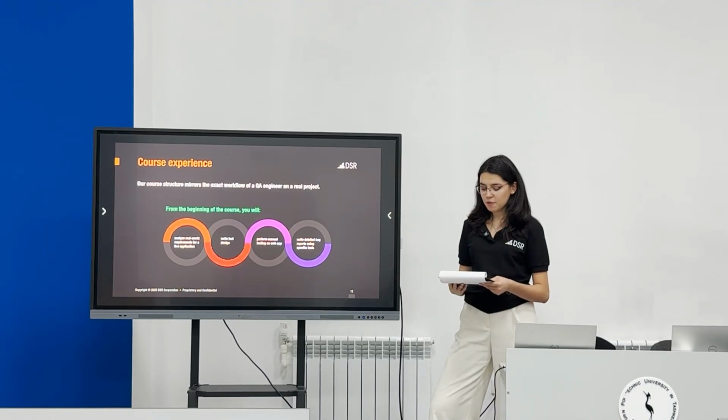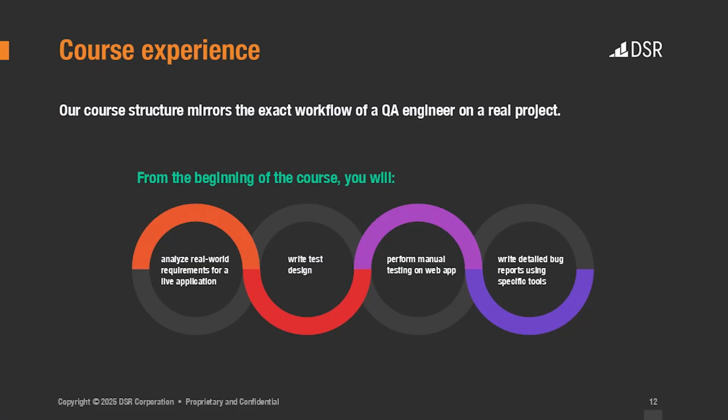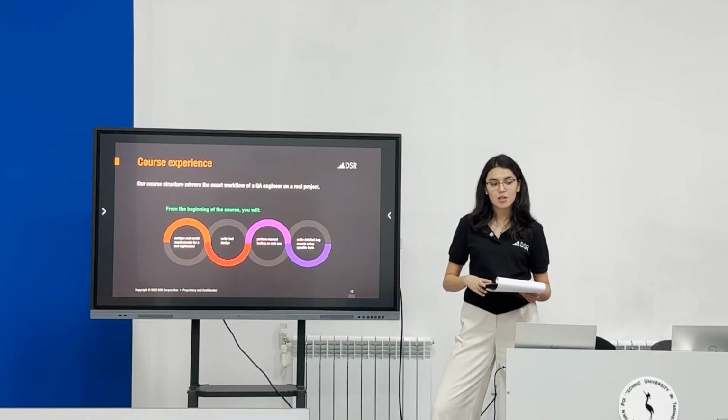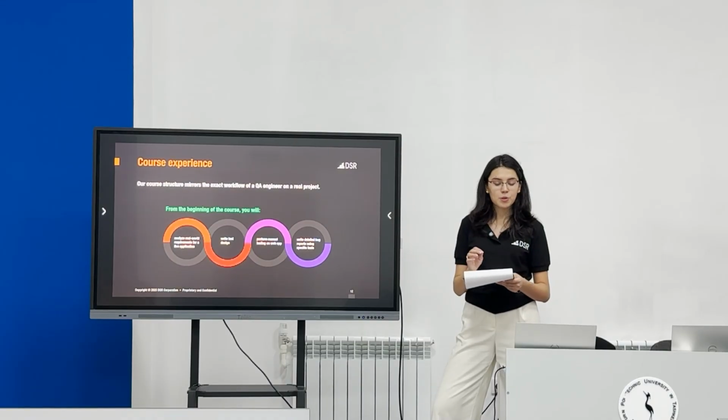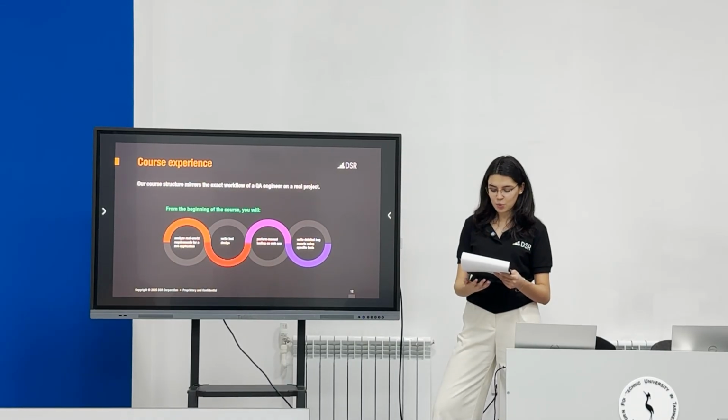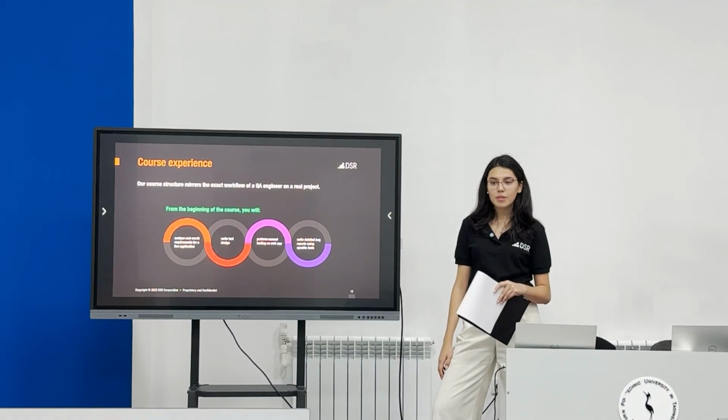You'll do it yourself. You will analyze the requirements for a live application, write test design, perform manual testing on a web app, and write detailed bug reports using specific tools. So by the end of the course, you will have a portfolio of practical work and the confidence to start working as a QA engineer.